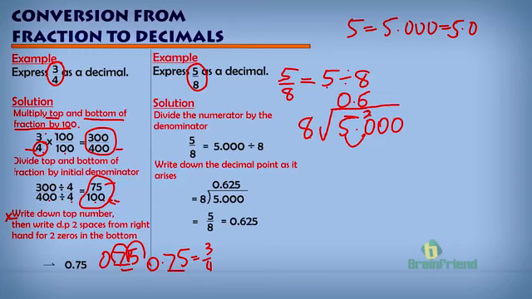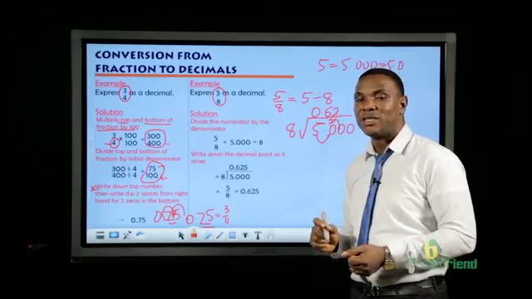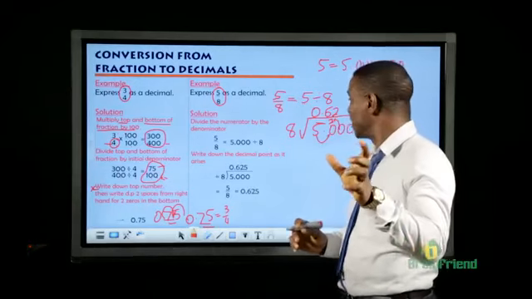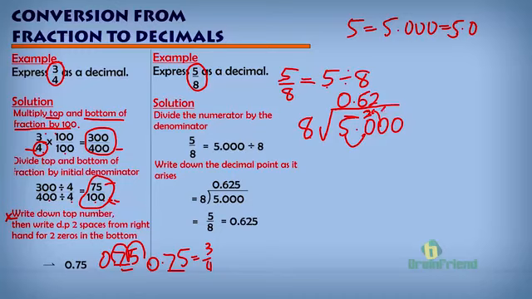Next, we merge the next 0 with 2 to have 20 as a number. 8 can also go into 20. How many times? 2 times. 8 times 2 would give us 16. It means that we have 4 as a remainder. Again, let's put down that 4 as a remainder somewhere. Also, we merge the next 0 to 4 to give us a number 40. Now, 8 can go into 40.